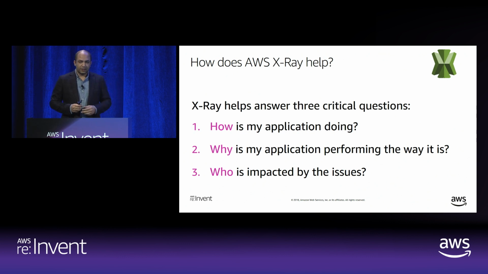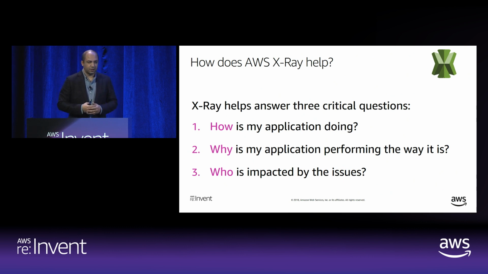Now, I mentioned all of these issues. I mentioned modern applications are really valuable because you get to move faster. But because you now have a ton of different pieces that you have to keep track of, there is a challenge there. And the reason we built X-Ray, and this is a question I get a lot, folks come in and they say, hey, we're using this APM tool or that tool.